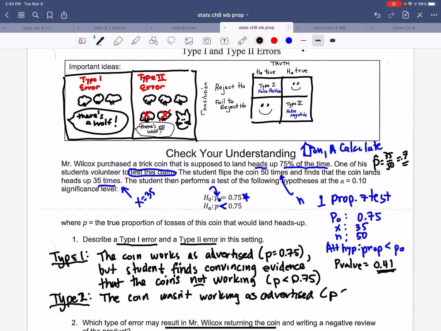So it was less than 75. But for whatever reason, the student ended up taking a sample that didn't provide us that outcome to be detected. The student doesn't find convincing evidence that the coin is not working.